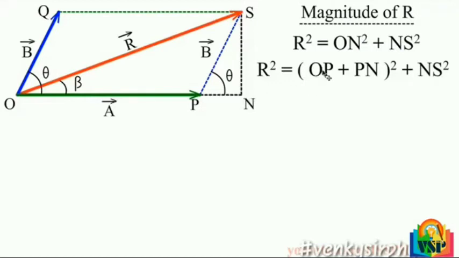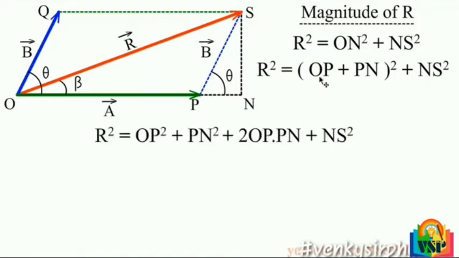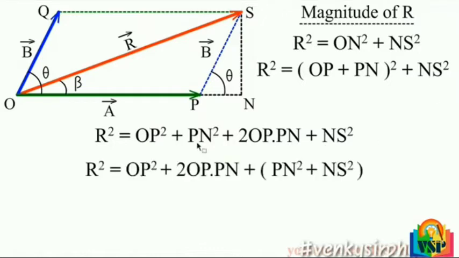R square is equal to (OP plus PN) whole square plus NS square. Here we can apply (A plus B) whole square: R square is equal to OP square plus PN square plus 2 OP PN plus NS square, which is OP square plus 2 OP PN plus PN square plus NS square.